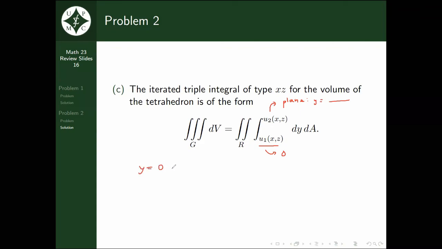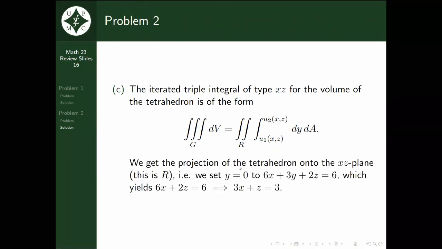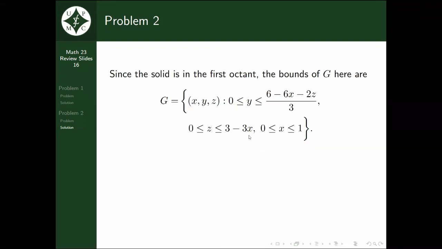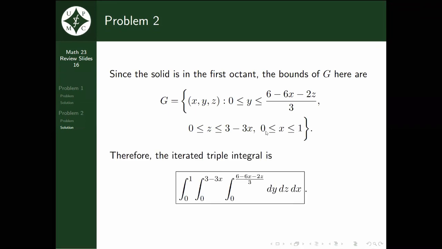That's your projection onto the xz plane. And then perform the double integral over that region. So we get the projection of the tetrahedron, and so on and so forth. The projection of our plane onto the xz plane is 3x plus z equals 3. Again, choose whether you want to do z first or x first. We decided to do z first, and just write it as an iterated triple integral.